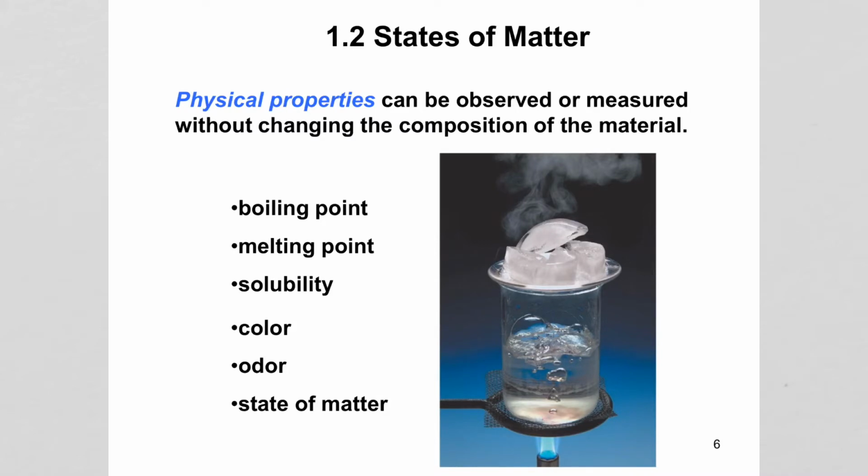There are some things we can use to describe our different components, not only whether they're solid, liquid, or gases, but also what we call physical and chemical properties. When we look at a physical property, it's something that we can observe, that we can measure, without having to alter the material at all. So for instance, if I want to look at how much heat it takes for a liquid to boil, we can look at the boiling point, and can look at the melting point of a solid, for instance.